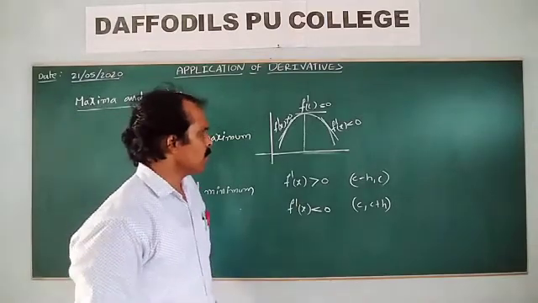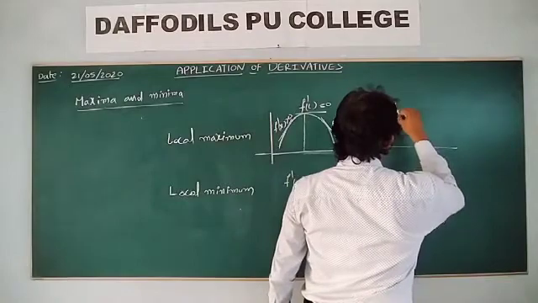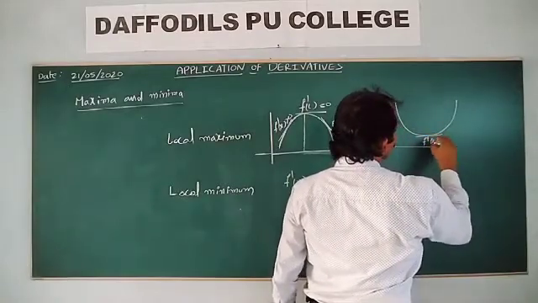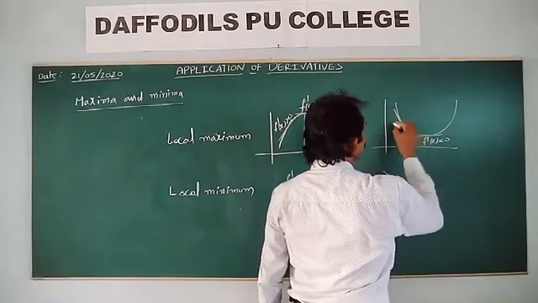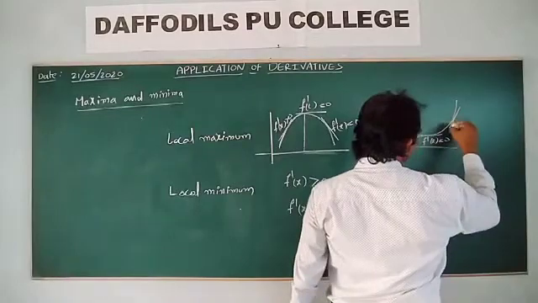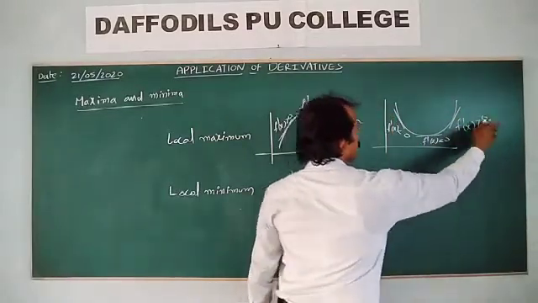Right. Now f dash x is less than 0 on one side and f dash x is greater than 0 on the other. What happened here?